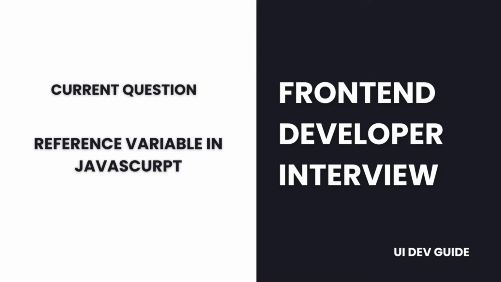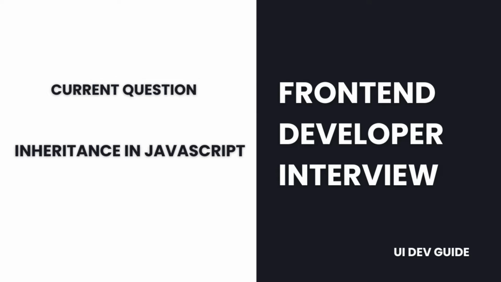Do you know how inheritance happens in JavaScript? How it works? I think yes. Can you please tell me about it? If we are extending anything, it inherits all its parent properties.